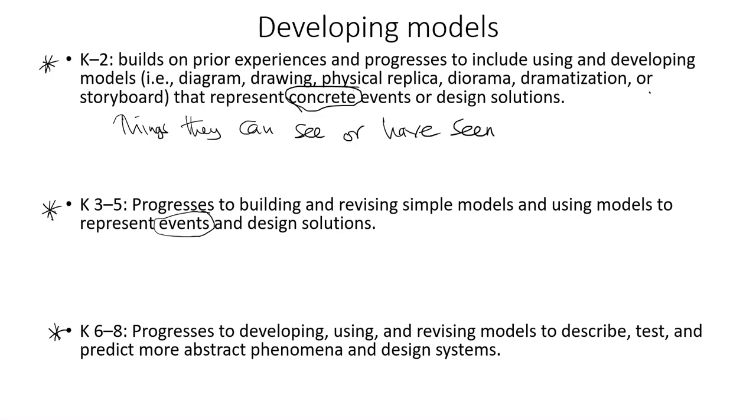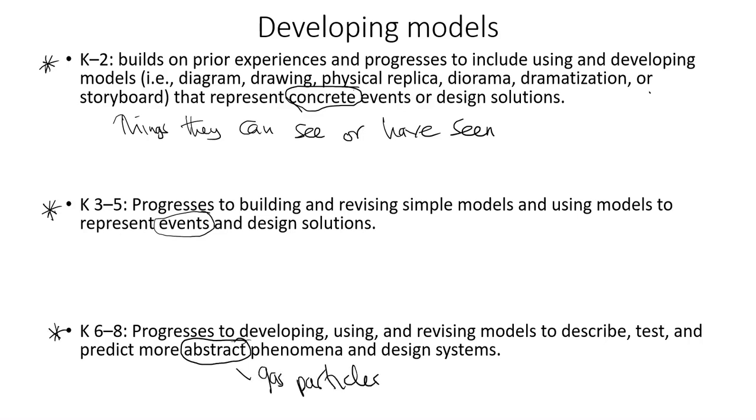Now, when you go to 6 to 8, yeah, we are developing models, using models, revising models, but now we are dealing with things that are more abstract. In this case, you can talk about an atom. An atom is something that is more abstract. You can ask them to draw a model of gas particles.